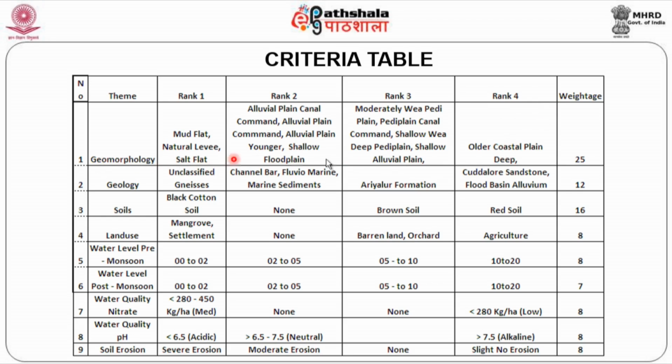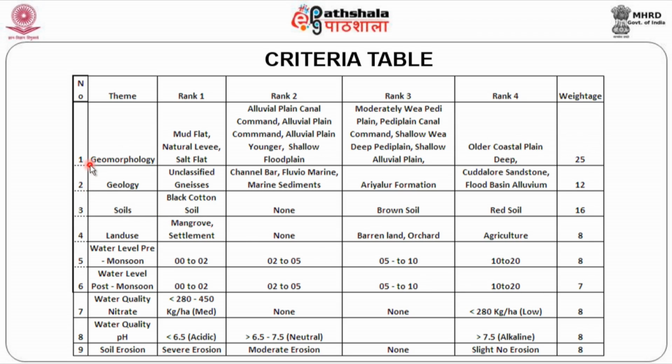This is within a class. When I want to analyze the same data and put them together, I want to know the importance, the contribution of each of the layers to the final goal, that is weightage. This is given within a layer, and this is given amongst the layers.